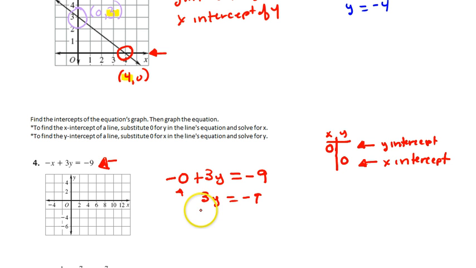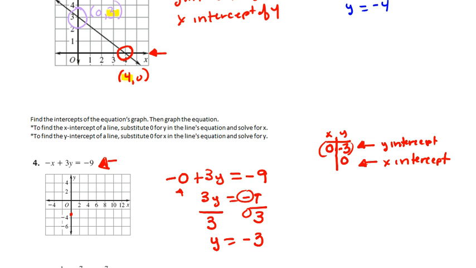Now I'm going to use the transformation principle of division for equality to remove the 3. And I get y equals, now notice you have a negative and a positive here, so my answer is going to be negative. So y is -3. So that means that my y-intercept is -3. So if I were to graph that, that would fall right here, because my point is (0, -3).